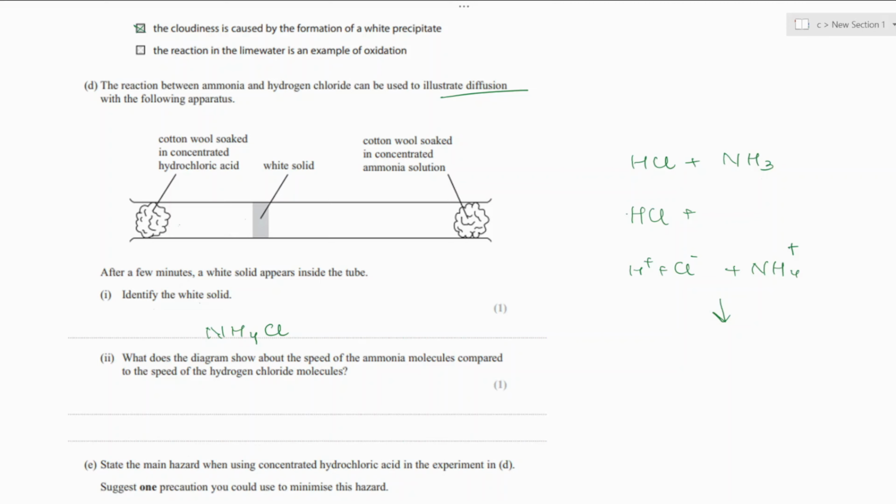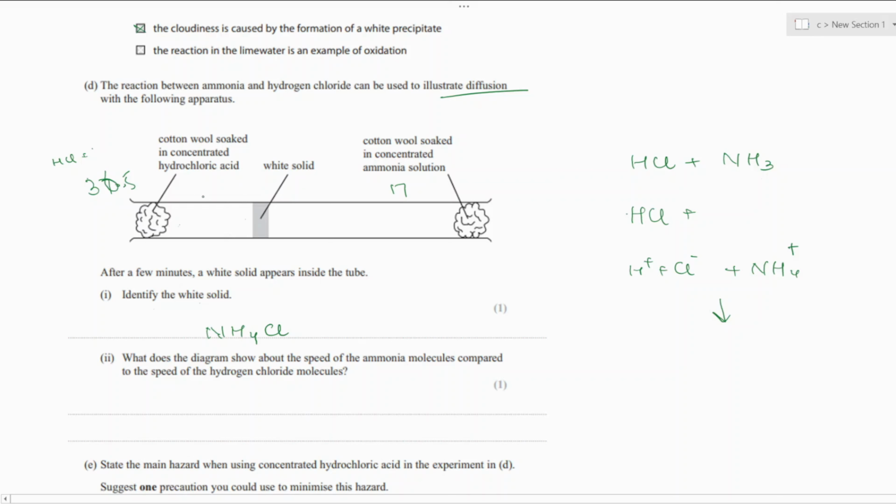When we calculate their masses, the mass of HCl is 36.5 and ammonia is 17. Nitrogen is 14 plus 3 hydrogen, 1 each, it would be 17. And in HCl, hydrogen is 1 while chlorine is 35.5, plus 1 is 36.5.